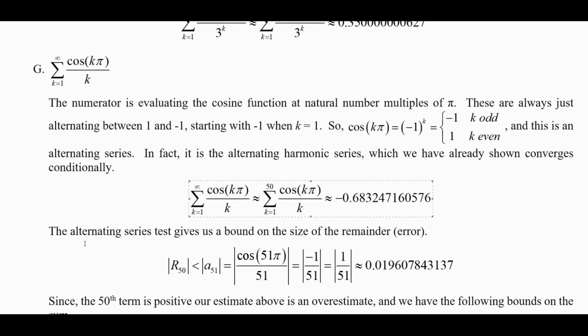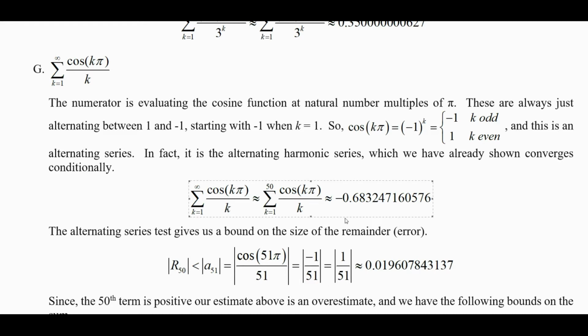Okay, and since this is an alternating series, we can get a bound on the size of the remainder, the error. So the absolute value of the remainder of 50 is less than the absolute value of the 51st term, which is cosine of 51 pi over 51, which is -1 over 51. In absolute value, you get 1 over 51, or about 0.0196. So the error is less than that.